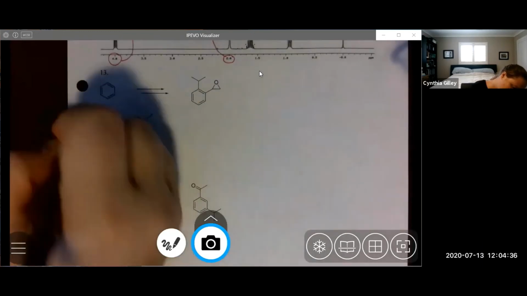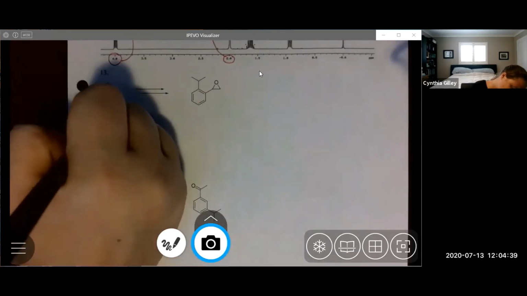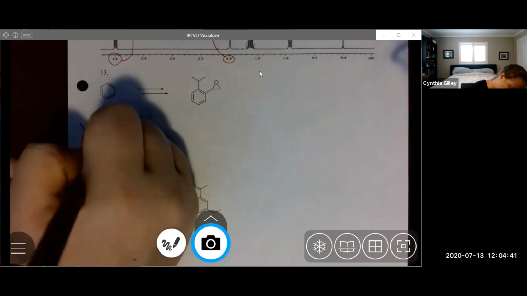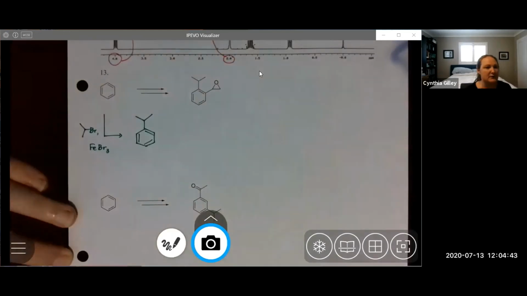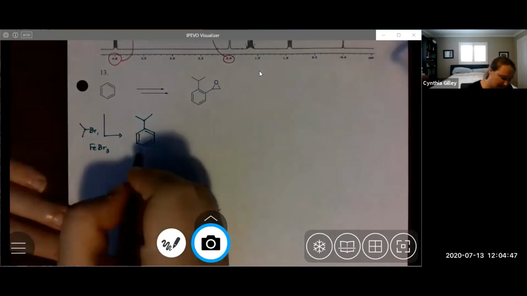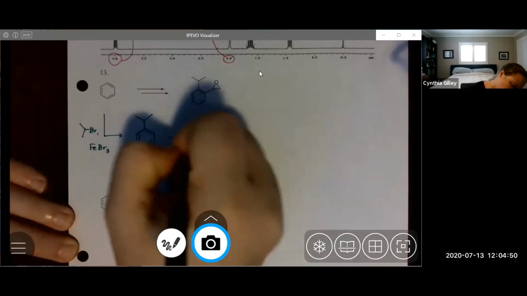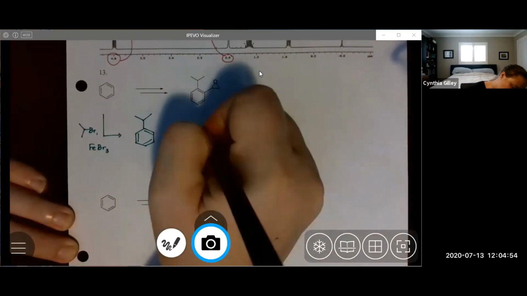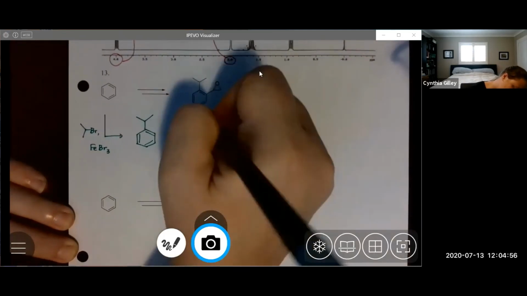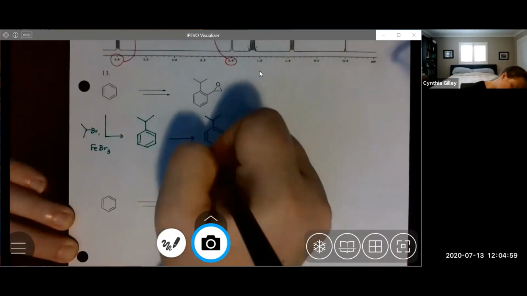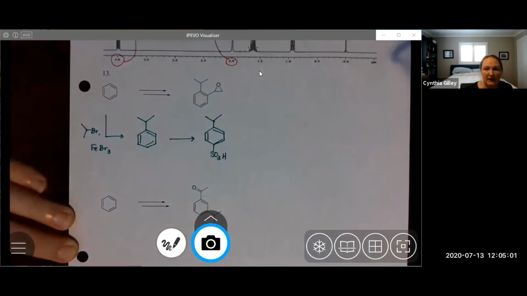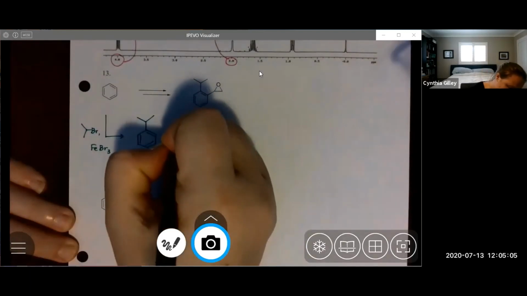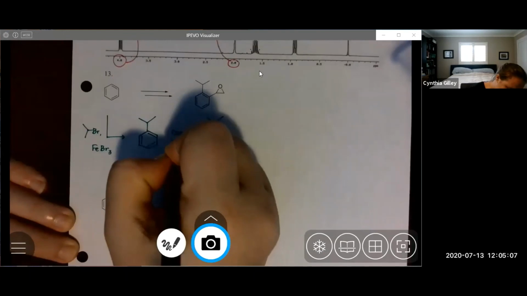So we'll do a Friedel-Crafts alkylation, the isopropyl group. And then we need to block the para position. So we're going to introduce that sulfonyl group, which is removable later. So we just need to remember the conditions to put that on. That's our concentrated or fuming H2SO4.